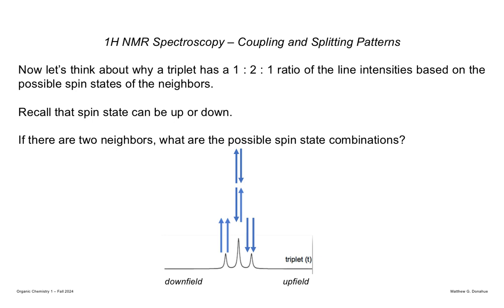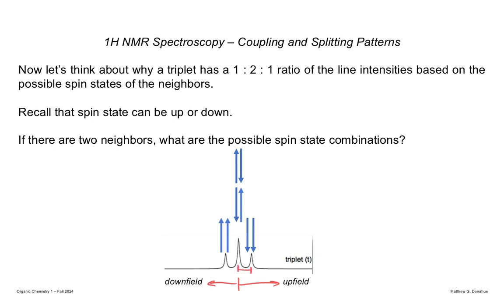So again, if you pay attention to this center line here, those spin states are either shielding or de-shielding your original signal. So that's why you get this separation.